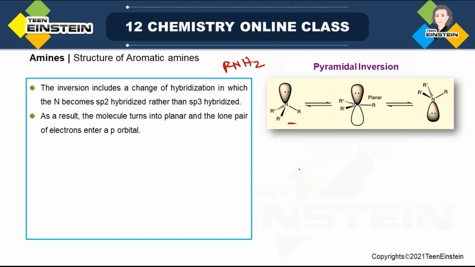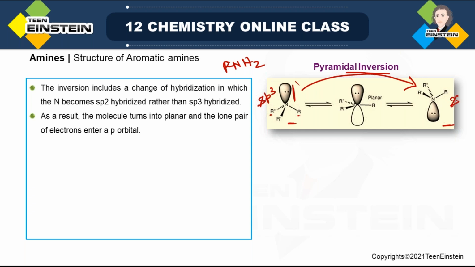Here you can see R prime, R double prime, R, as if 3 different R groups are attached to N. If N is sp3 hybridized, that means tetrahedral geometry should be there, so at the 4th position there will be a lone pair. Now look at the right hand side extreme. As if there is some inversion when you are moving from this to this. Now the lone pair is downward.